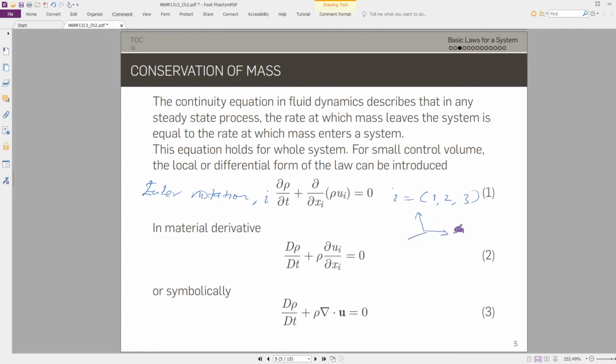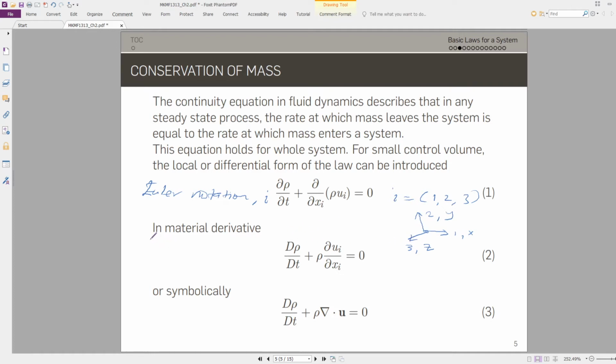So usually 1, 2, and 3 refer to axis x, axis y, and also axis z. So don't be worried about the index that we have in the equation. It's just to represent the directions of the flow or the coordinate system x, y, z, which is represented in this case by 1, 2, and 3.